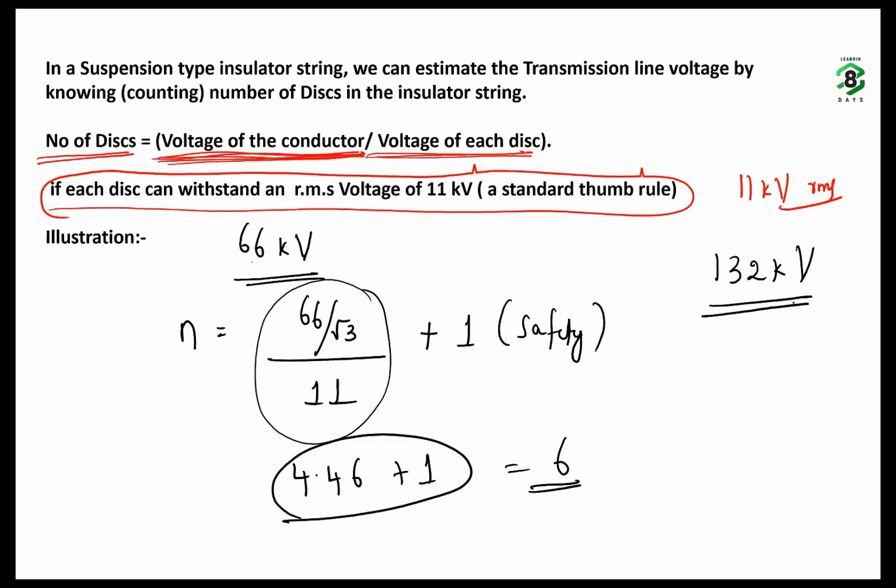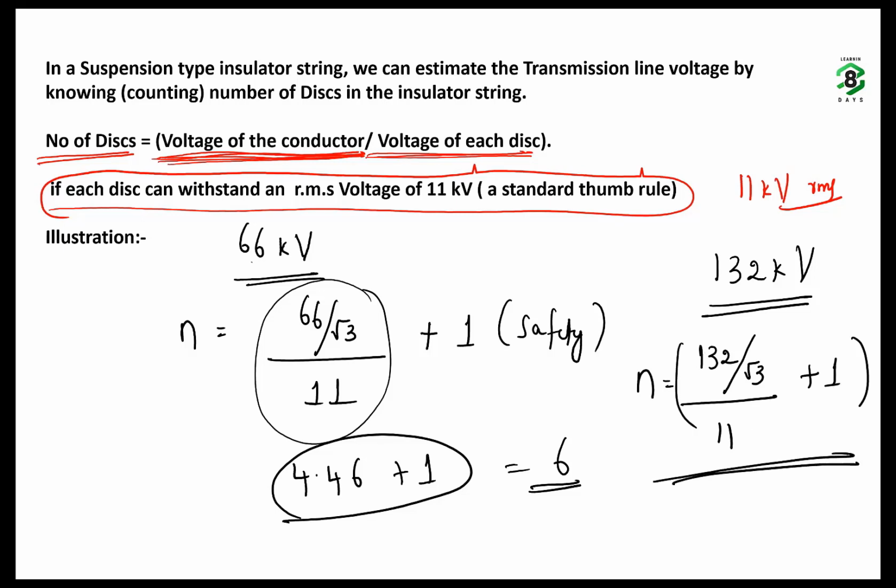12, sir. No, ma'am, don't go. Again, see, again, I'm telling you. 132 is the line to line voltage, divided by root 3, divided by 11, plus 1 for safety. 7.988 discs.